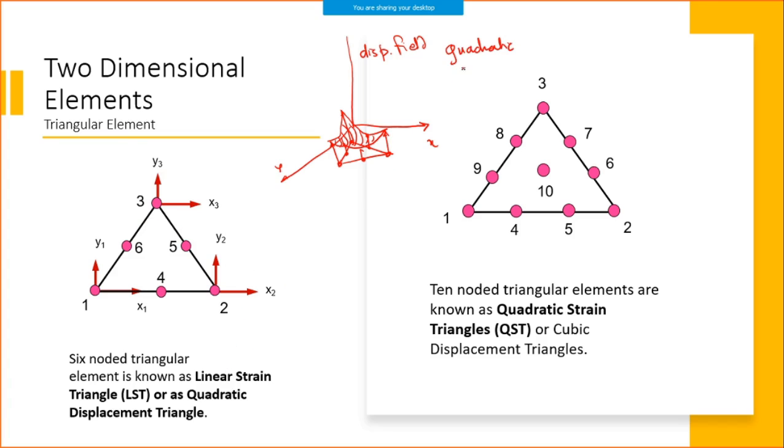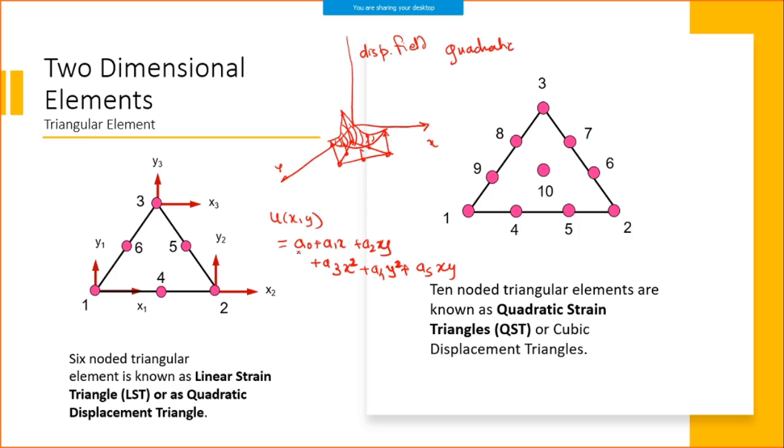Now if you want to convert that into u as a function of x and y, my equation becomes a0 plus a1x plus a2y, then a3x square, then a4y square, and a5xy. So the power of x and y is square.